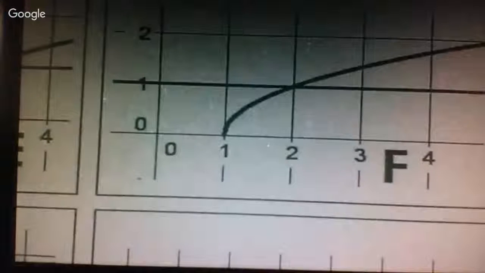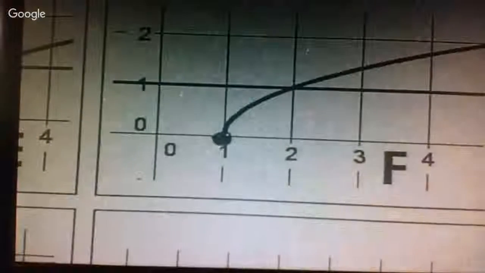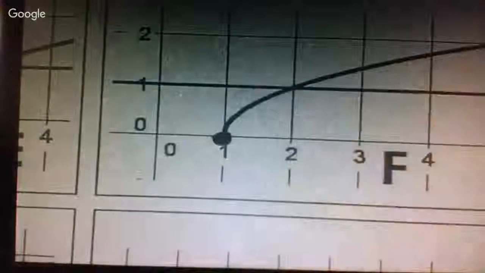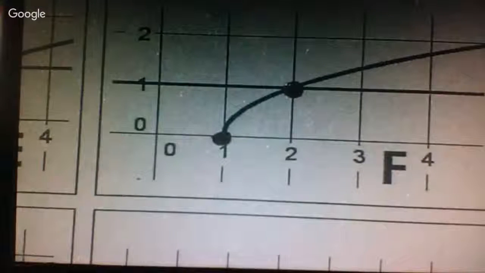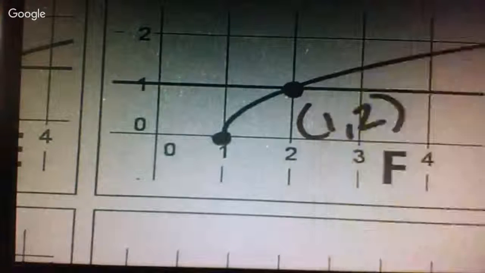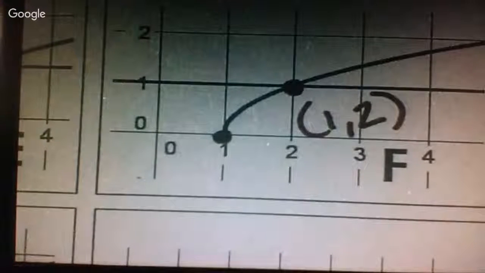That's going to be F. My graph moved to the right by 1, and it's a horizontal line at 1. So your answer here is 1, 2. Okay. That is all you're doing.